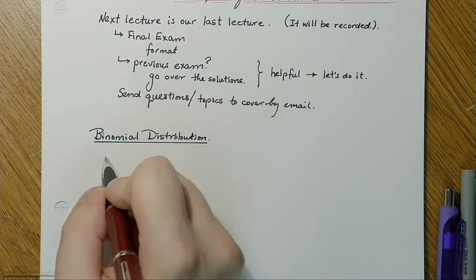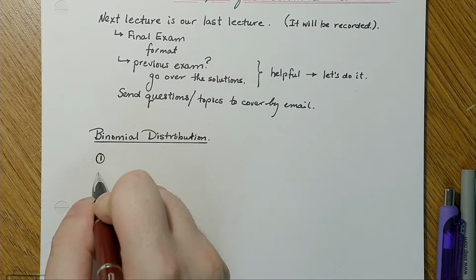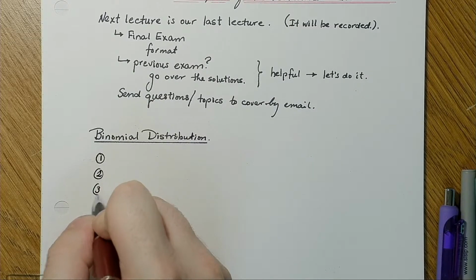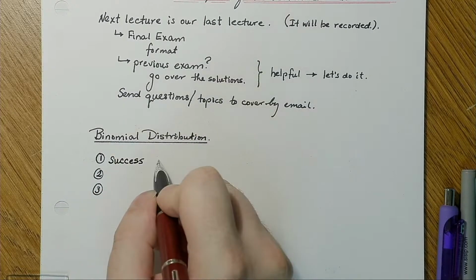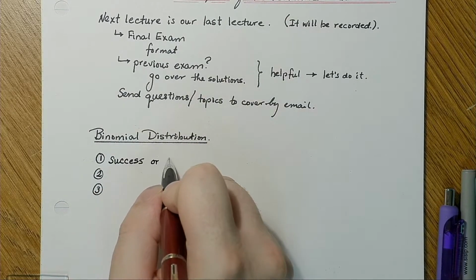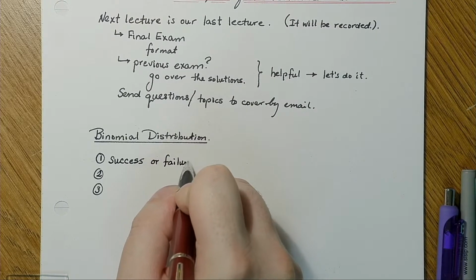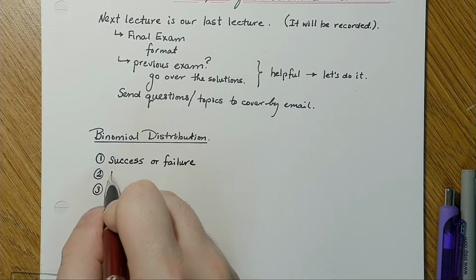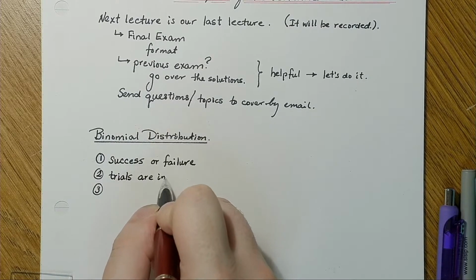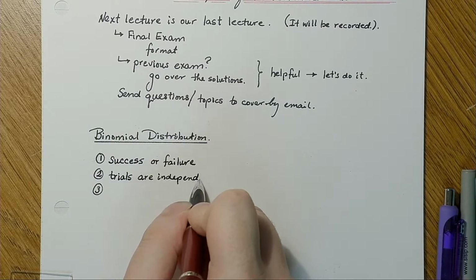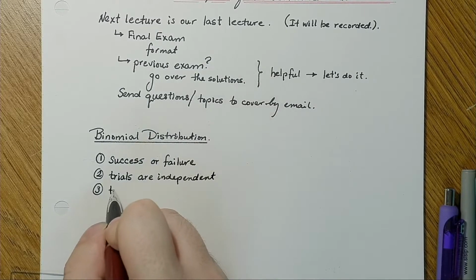So with the binomial distribution, there are three things that we need to have. There needs to be a success or a failure. The trials are independent. And the trials are identical.